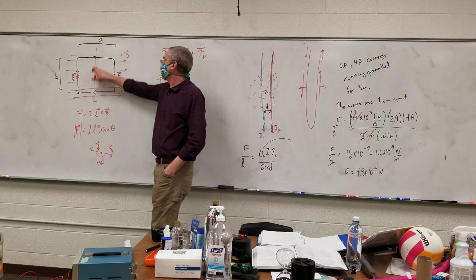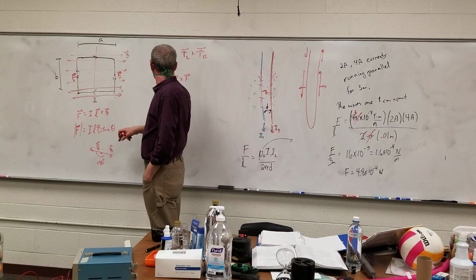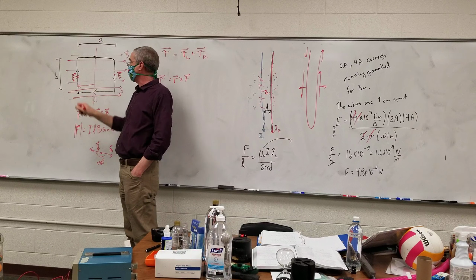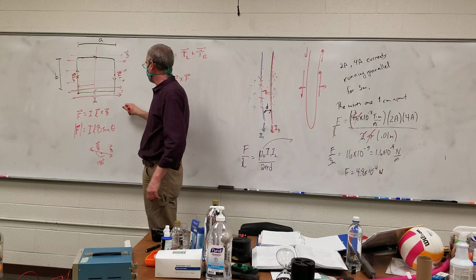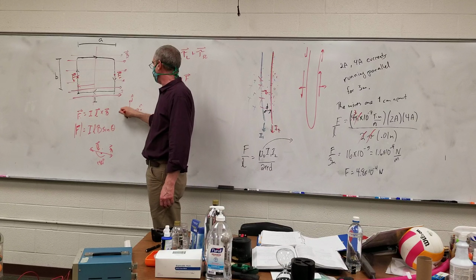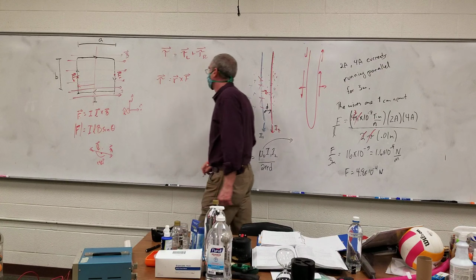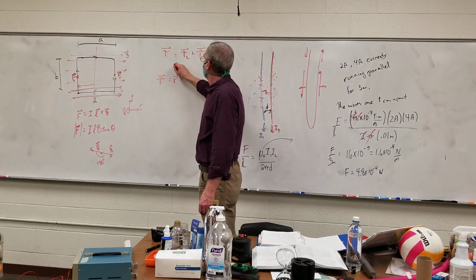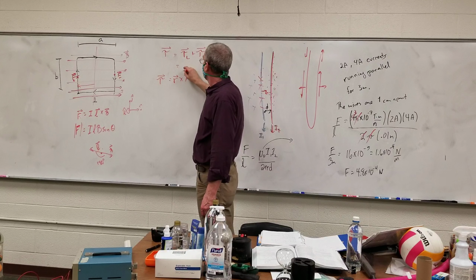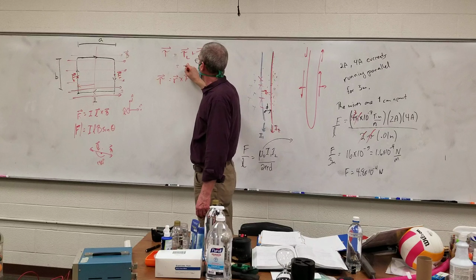So this is my axis of rotation right here. In my first case here, for my left, R is a vector to the left. So let's establish a coordinate system here: I hat to the right, J hat up, and then K hat out. So this R would be negative A over 2 I hat.